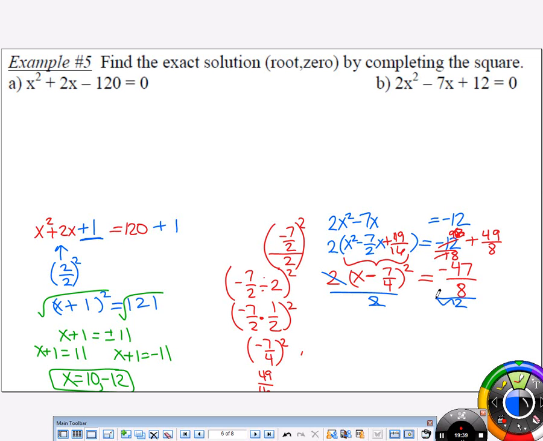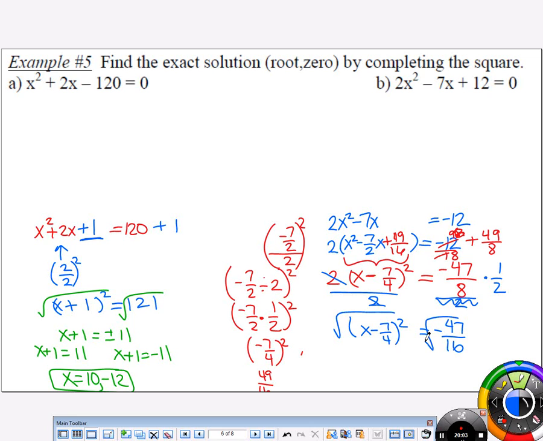So if you don't like to write it like this, then don't. You can just write it like this. And this is actually like a gift right here. You guys think this is bad, but it's really not that bad. Except for the negative 47, but we'll talk about that later. So at this point, I want to square root both sides.